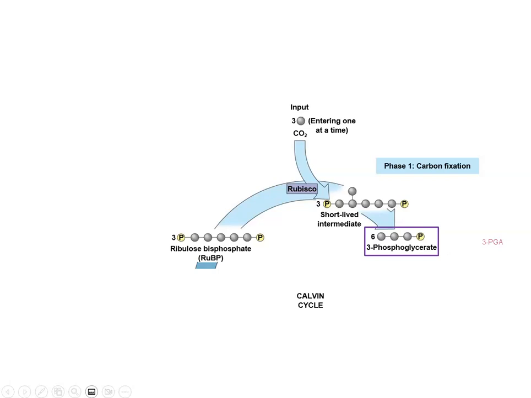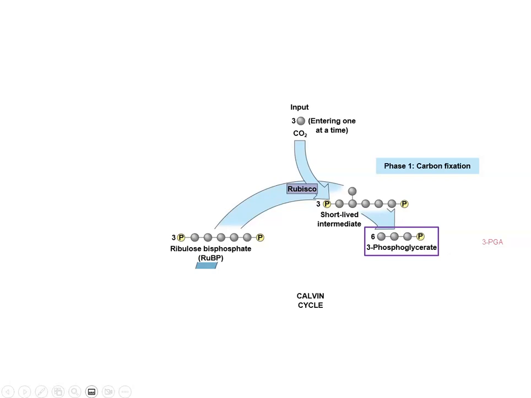For each revolution of the Calvin cycle, 3 molecules of CO2 enter at one time. And if you look at what's happening just before the CO2 comes in, there's a molecule called ribulose bisphosphate. It's a 5-carbon compound with phosphate groups on both ends. This is the CO2 acceptor molecule.